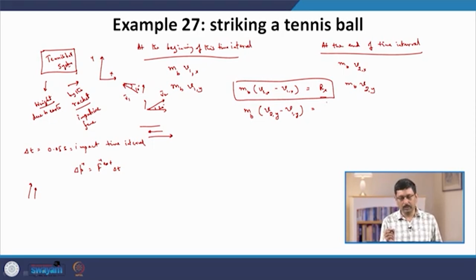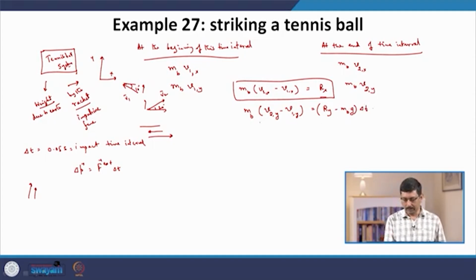So, there are now two external forces. One is Ry, which is acting in the upward direction. The other is the weight of the ball, which is acting in the downward direction. So, according to our sign convention, Ry is positive and the weight is negative, times the time interval.